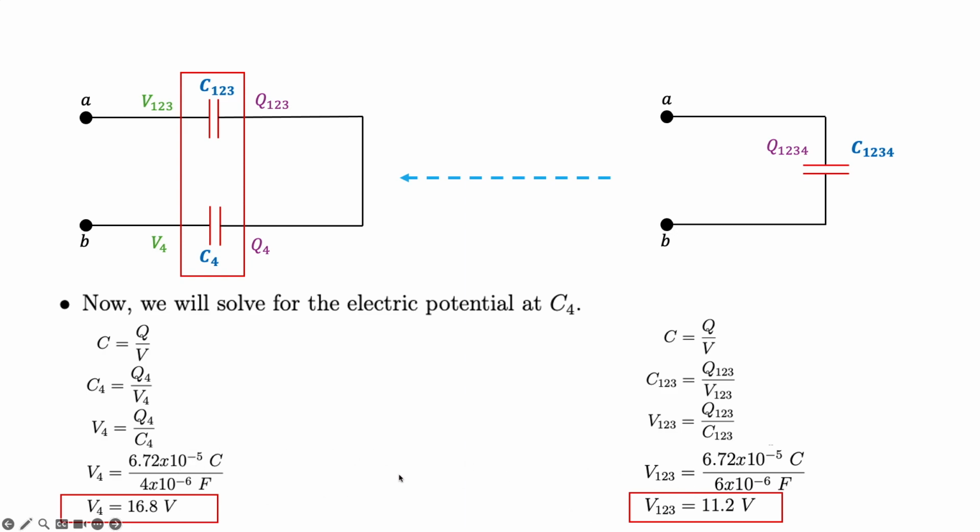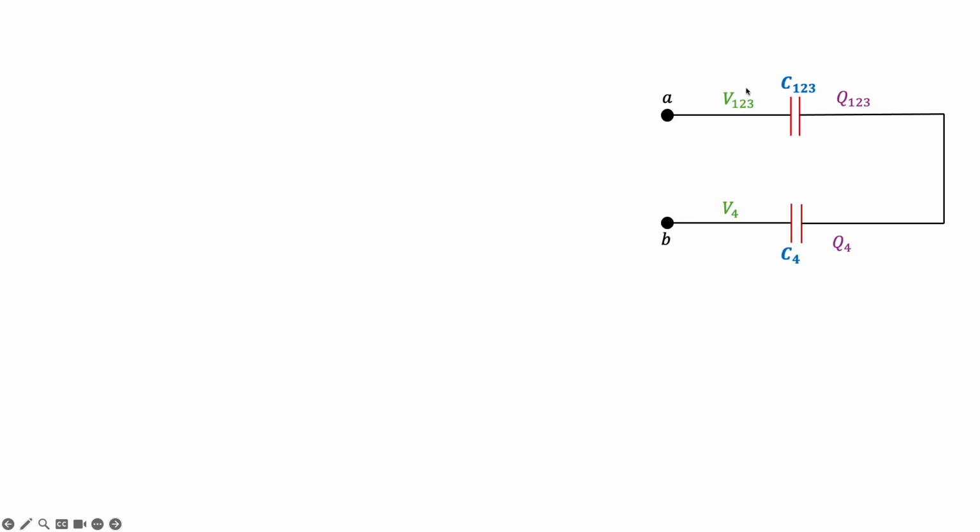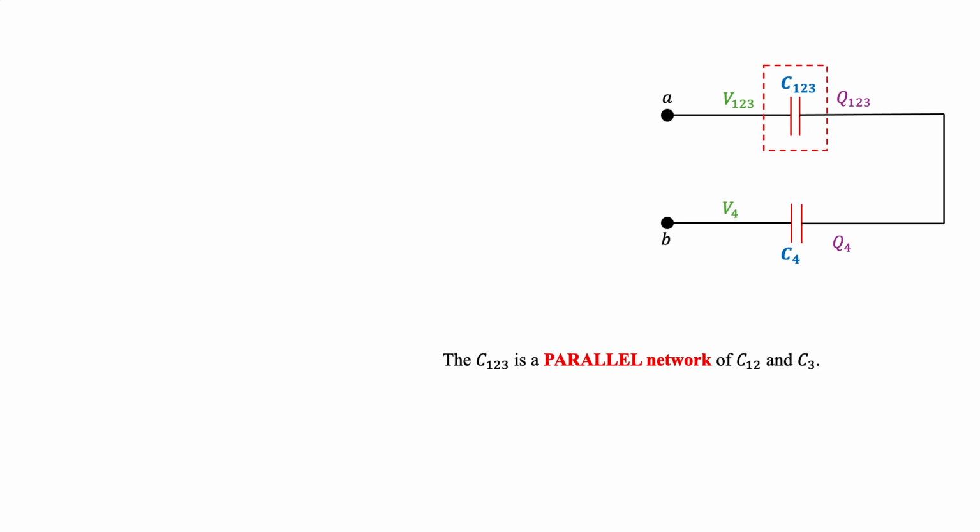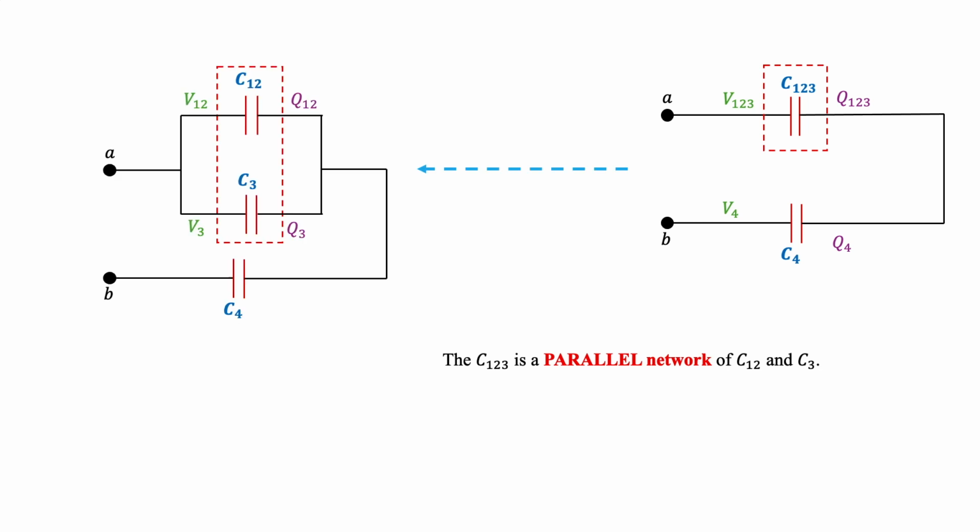Notice, however, as we work back through this illustration, we have now solved for V123 and V4. But if you think about it, capacitor 123 is actually a parallel network of two capacitors, C12 and C3, like this one. So this implies that the voltage must be constant across the capacitors C12 and C3.